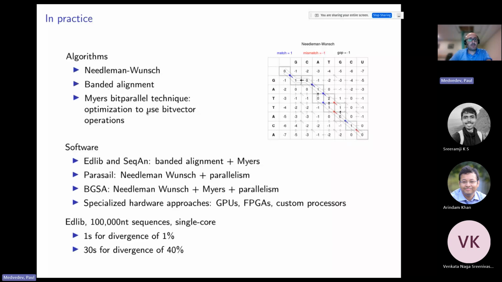Finally, there's a bit-parallel technique. Asymptotically this doesn't change anything in terms of the n squared, but it's a version of Needleman-Wunsch which bit-packs this matrix in a smart way, and then uses bit vectors and SIMD operations to do this very fast using hardware optimization.